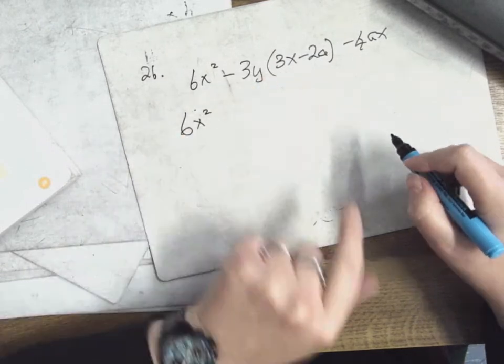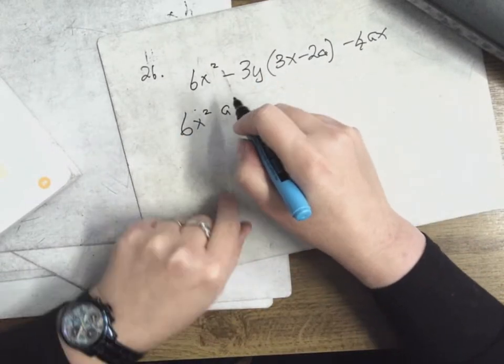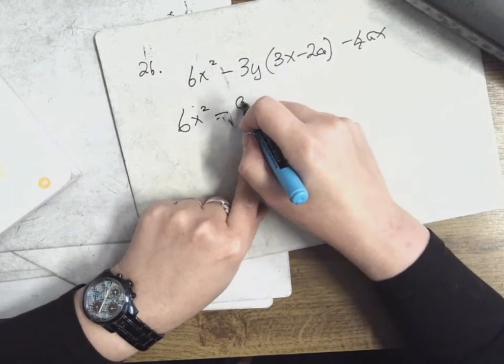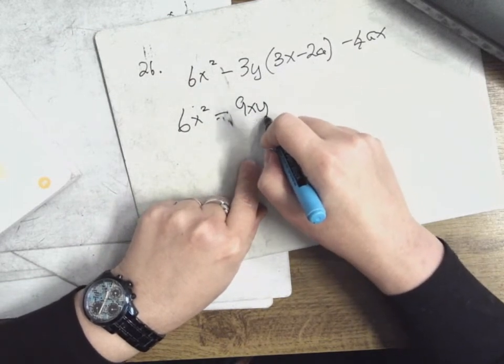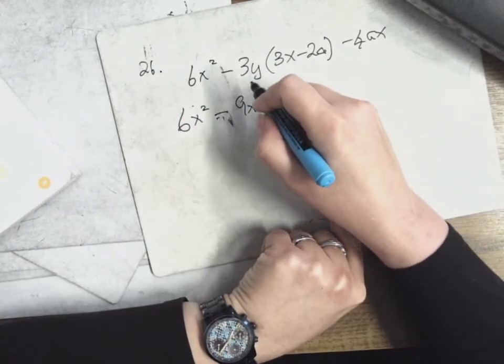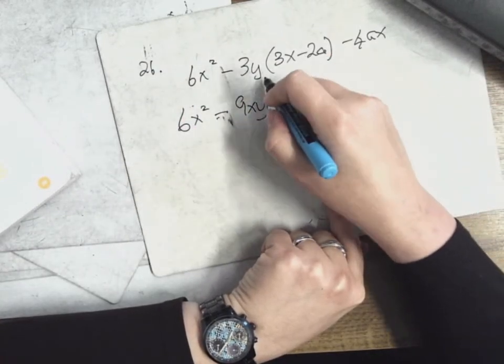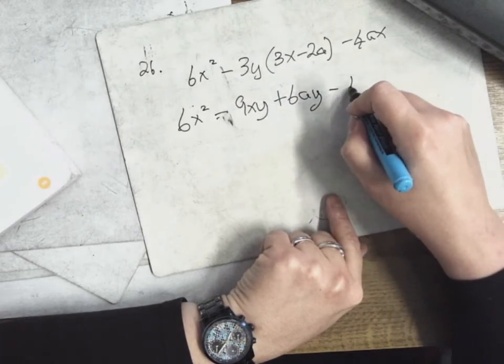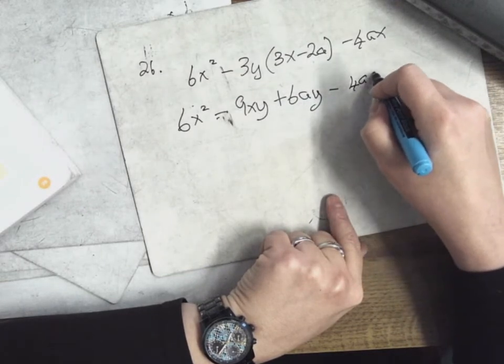Minus 3 3s are 9 and y by x is xy, isn't it? Then I have a minus by a minus is a plus. 3 2s are 6 and y by a is ay. Minus 4ax is there at the end.